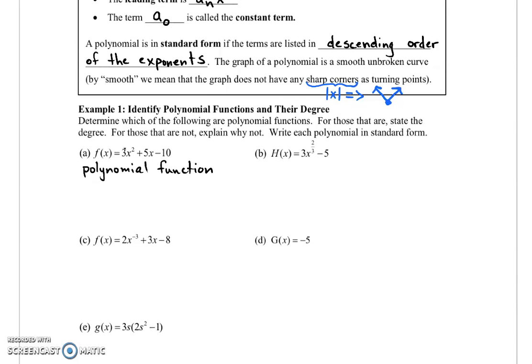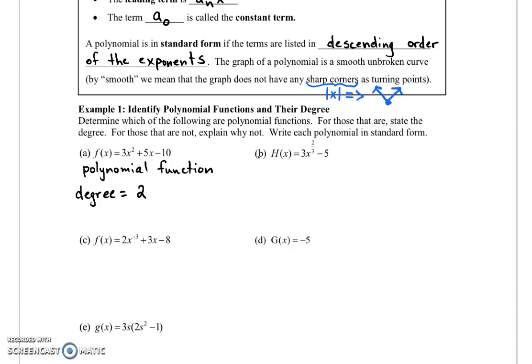We know that because all the coefficients are real numbers and all the exponents on x's are positive integers. So the degree of this polynomial is 2 because that's the largest exponent on x.